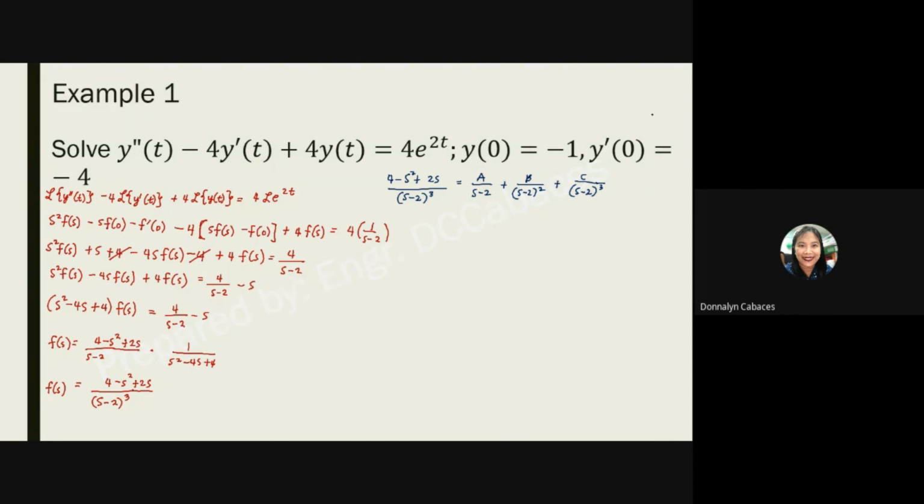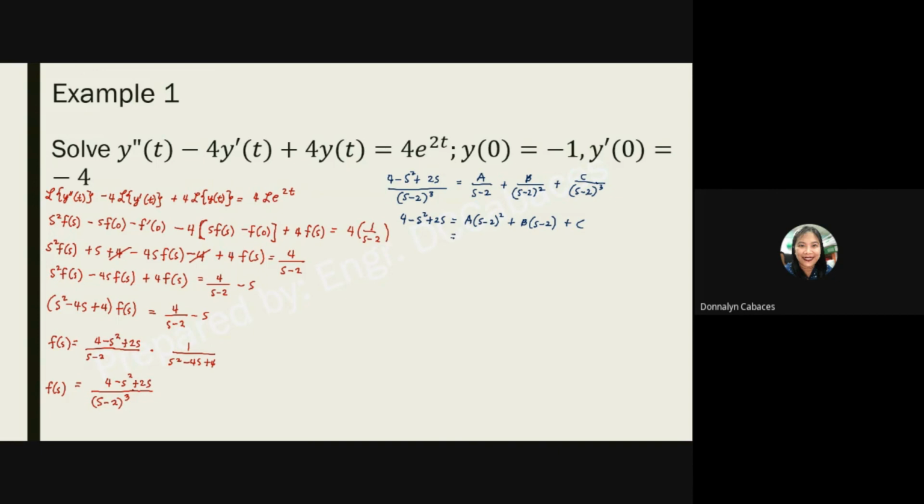And then multiplying both sides by s minus 2 cubed, you will have your 4 minus s squared plus 2s is equal to a times s minus 2 squared plus b times s minus 2 plus c. And then we try to equate coefficients of like powers. So let us expand first the right side.